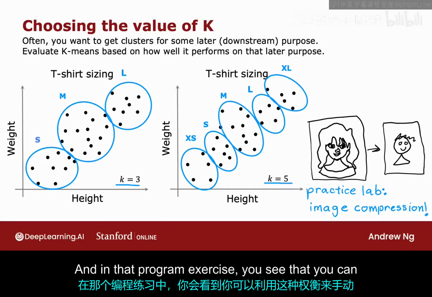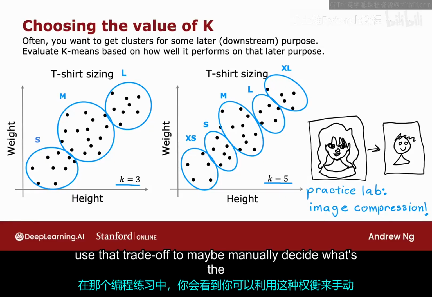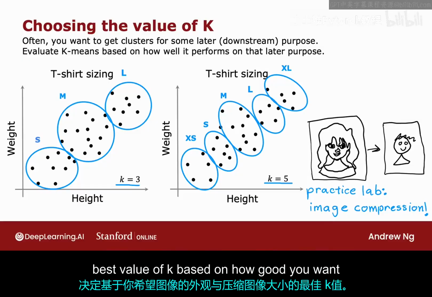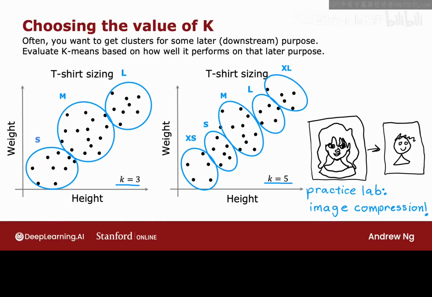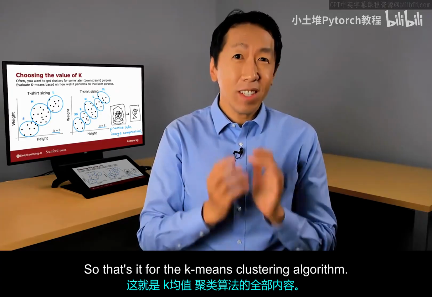And in that programming exercise, you see that you can use that trade-off to maybe manually decide what's the best value of k based on how good you want the image to look versus how large you want the compressed image size to be. So that's it for the k-means clustering algorithm.